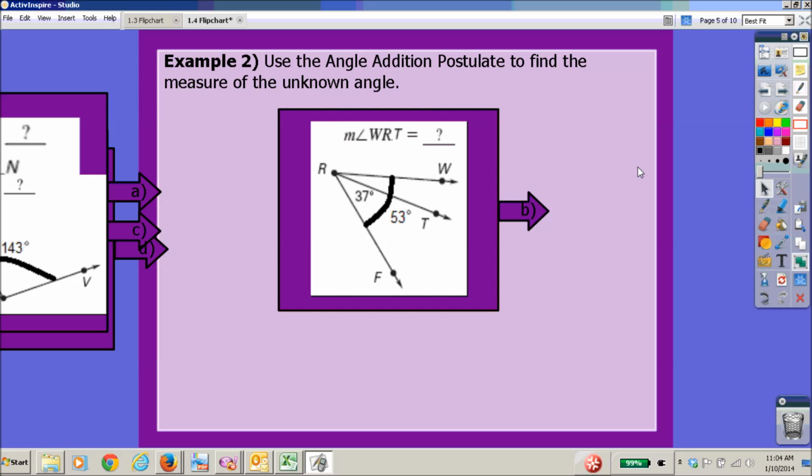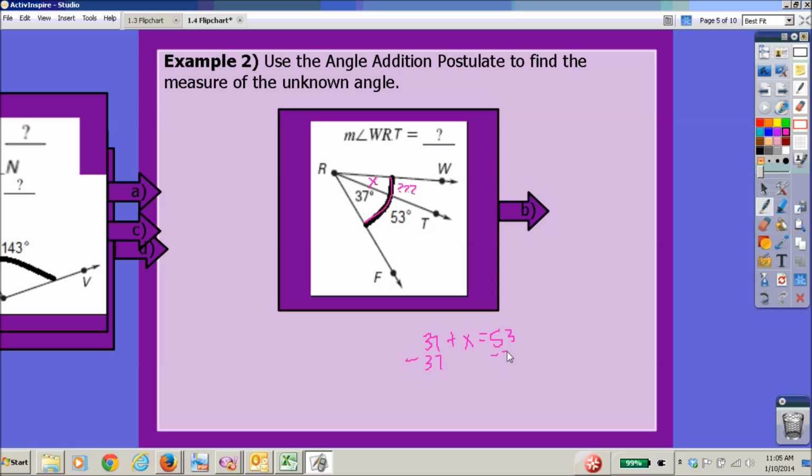In this one, I'm told that FRT is 37, and now I'm told WRF, the big angle, is 53. They want us to find out, what is this angle then? The two small have to equal the big, so I'm going to call this X. So I know 37 plus X has to equal the big angle.